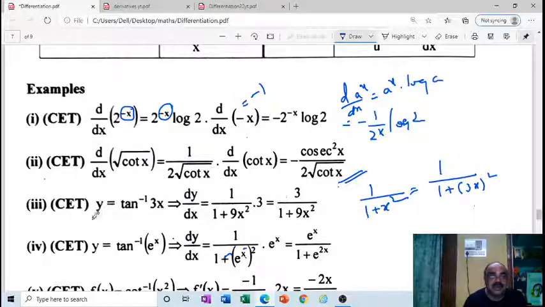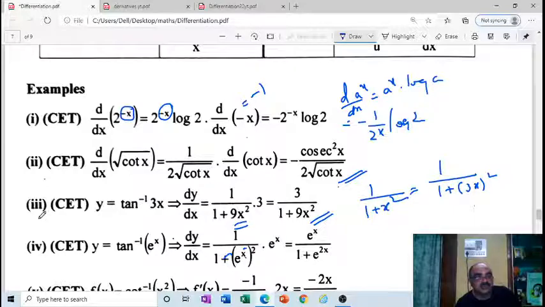That's not going to end. Again, there is a chain rule. It's 3x, so differentiation of this needs to be done. So 1 by 1 plus 9x square into 3x differentiation, 3 into 1 is 3. So the answer is 3 by 1 plus 9x square.